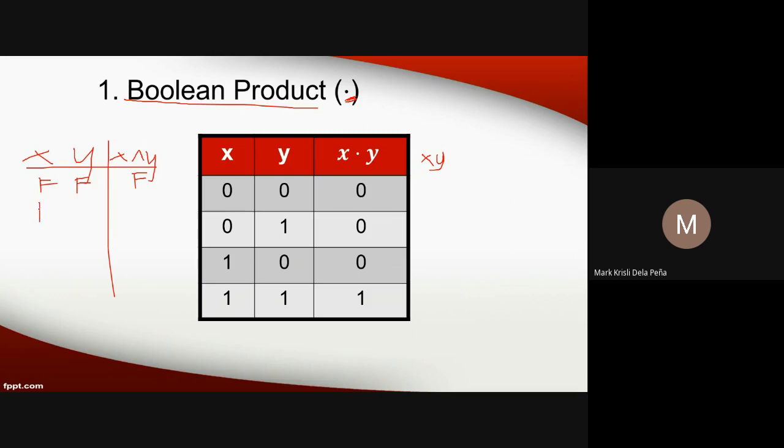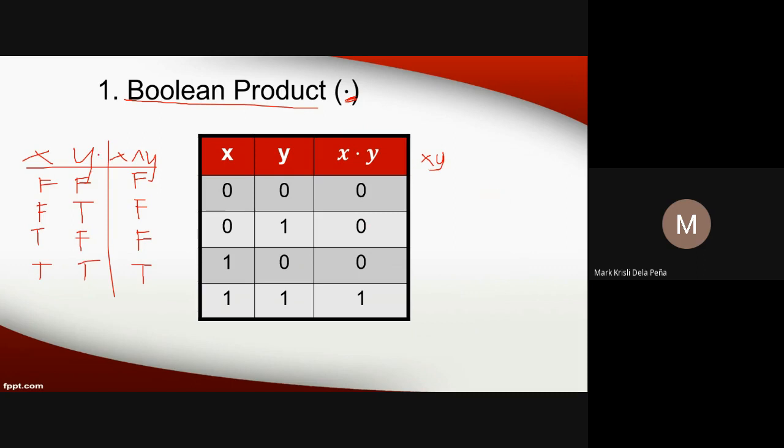The conjunction of false and true is still equal to false. The conjunction of true and false is false. However, the conjunction of true and true is true. Same with the Boolean product, Boolean multiplication.